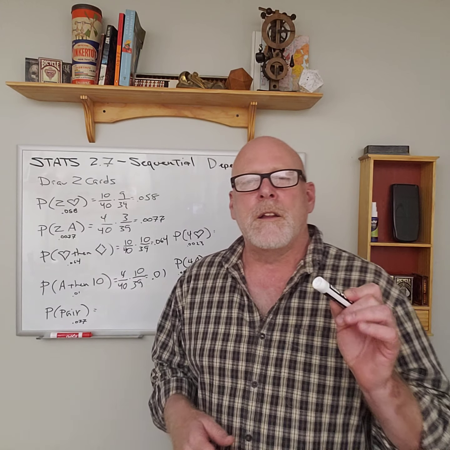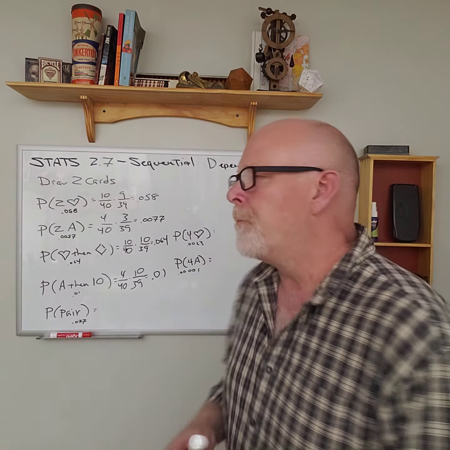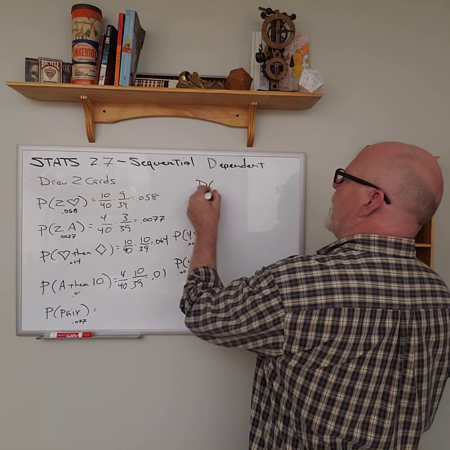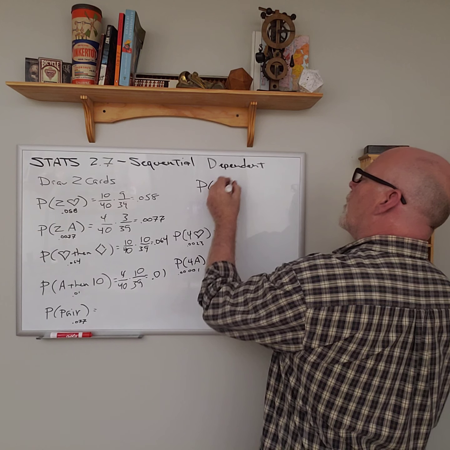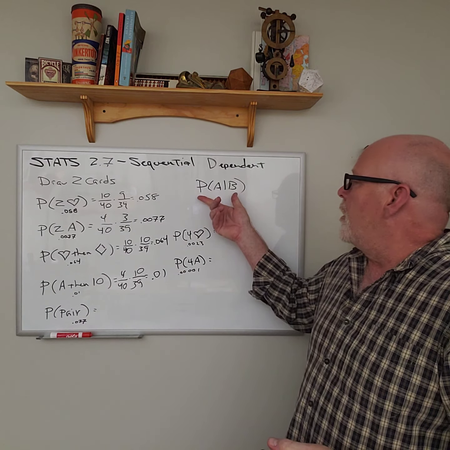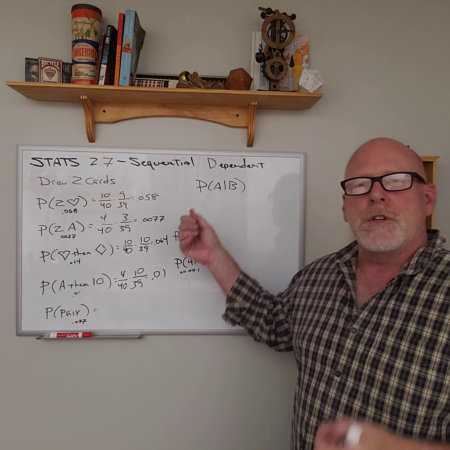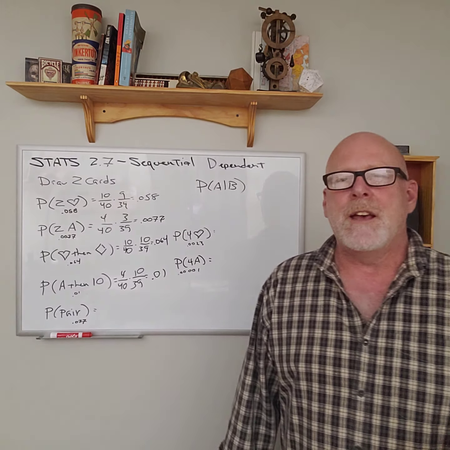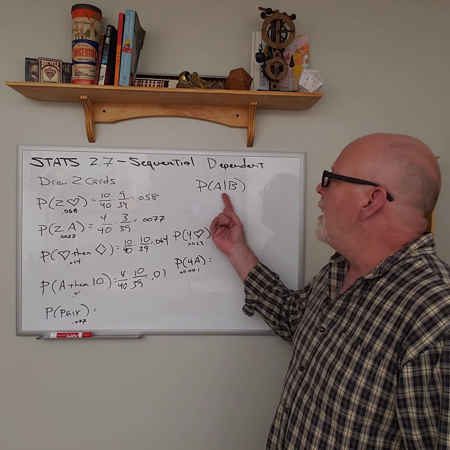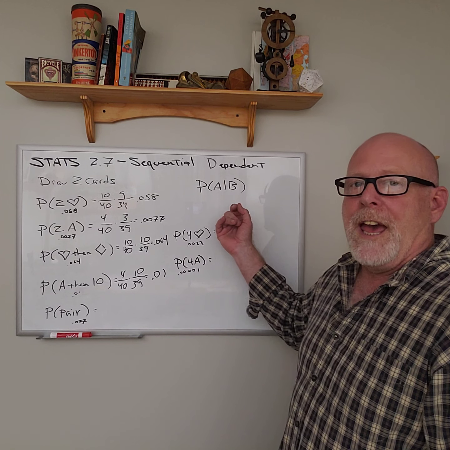Okay. Little notation I want to touch on here. If you go to another source for this information, which I don't mind at all if you do, you're going to run into this notation here, which means the probability of A given B, meaning the probability of this happening given that that's already happened.